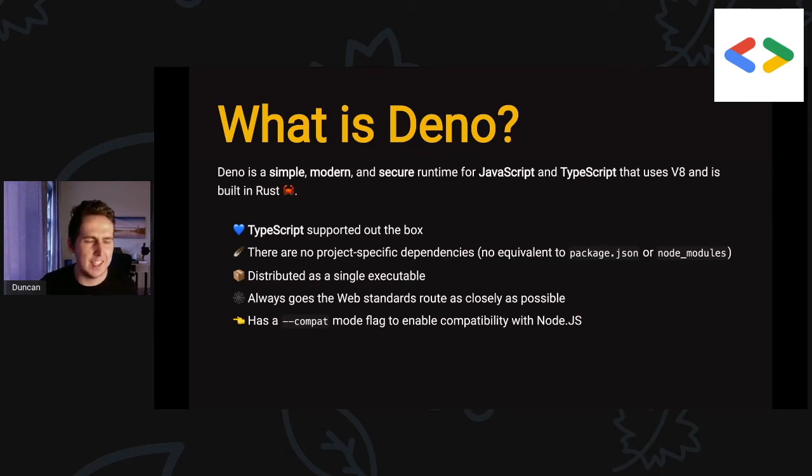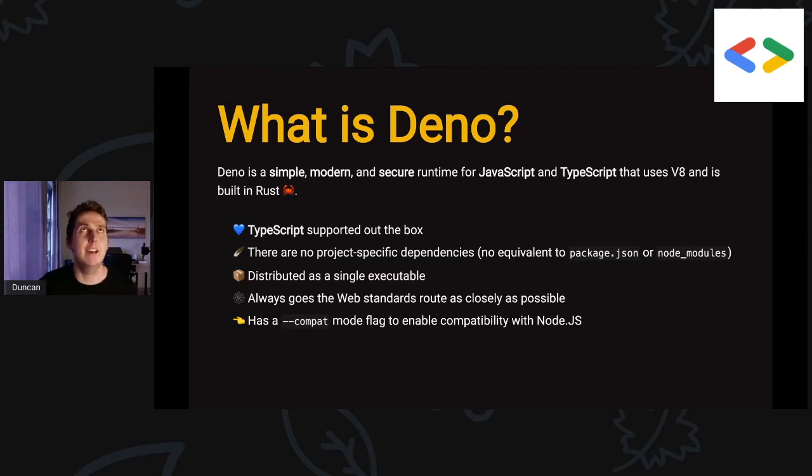The one thing that they pride themselves in doing is always going the web standards route, so using web streams over their own stream implementation, and also helping push the web forward, which is really great. It also has a compat mode flag, which enables compatibility with Node.js.